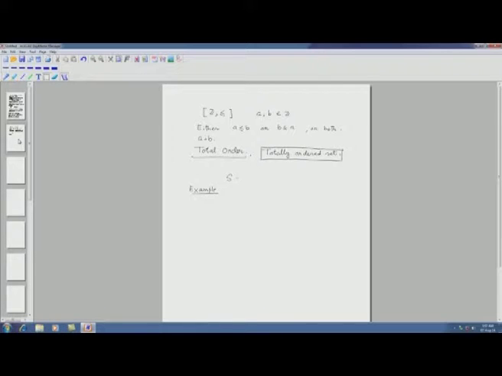Let us call that set S. Then we construct all the subsets of this set S, and we denote it by P of S, which is first the empty set, then the set containing 1, then the set containing 2, and then the set containing 1, 2.